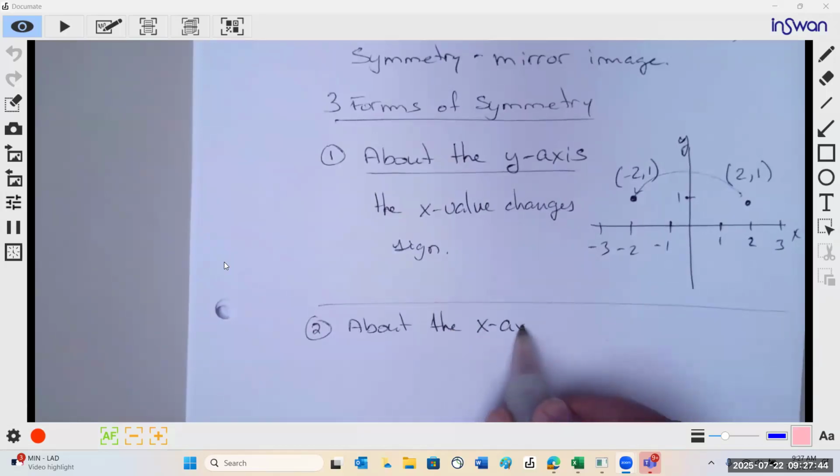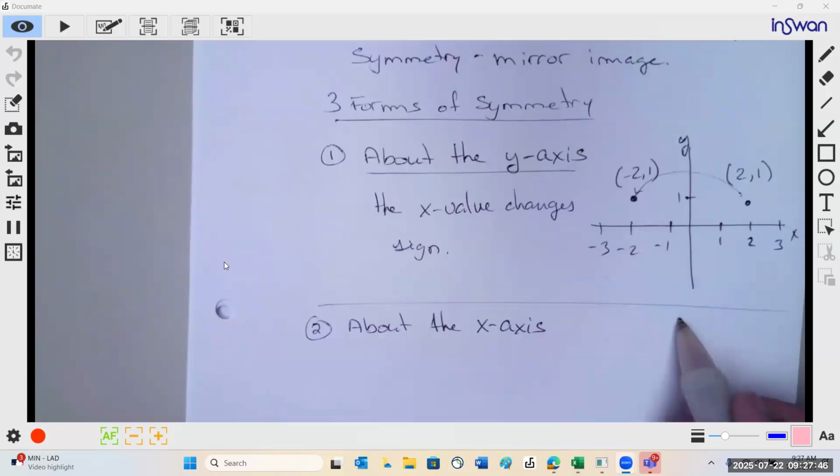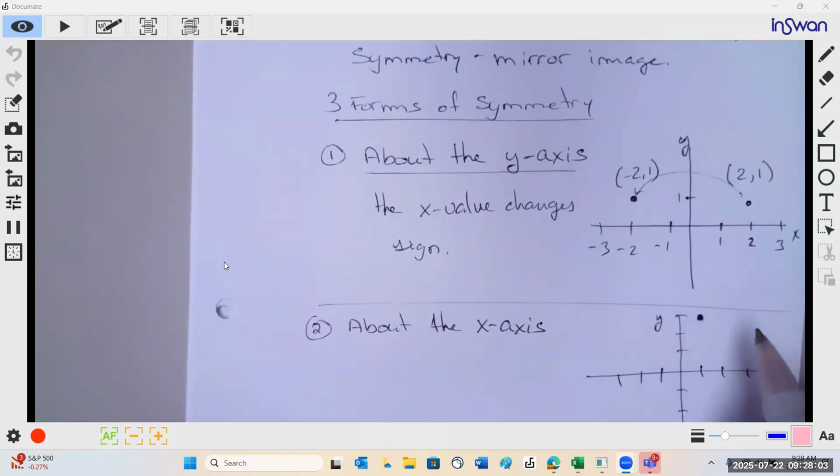About the x-axis. So here's the x-axis, here's the y-axis.